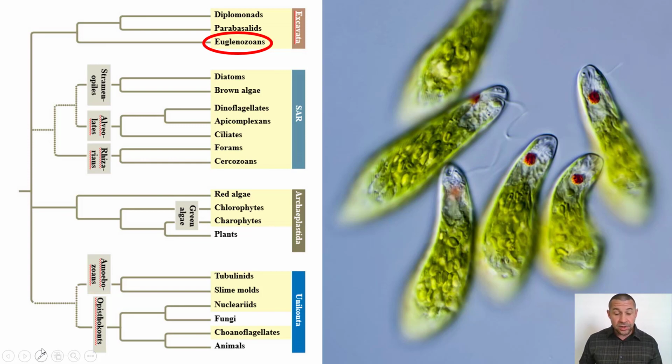Okay, so now really quickly, we're going to take a tour of the major lineages of the kingdom Protista. So the protists aren't a monophyletic kingdom. They're really just this big grab bag of organisms that don't fit into the kingdom Plantae, Fungi, or Animalia. All protists, all of them, are made from eukaryotic cells.